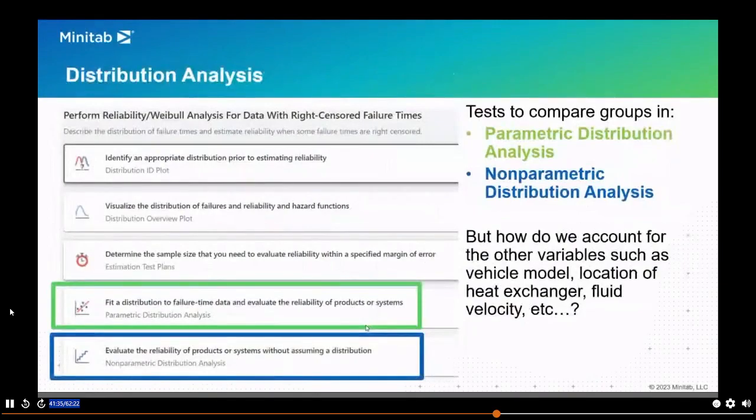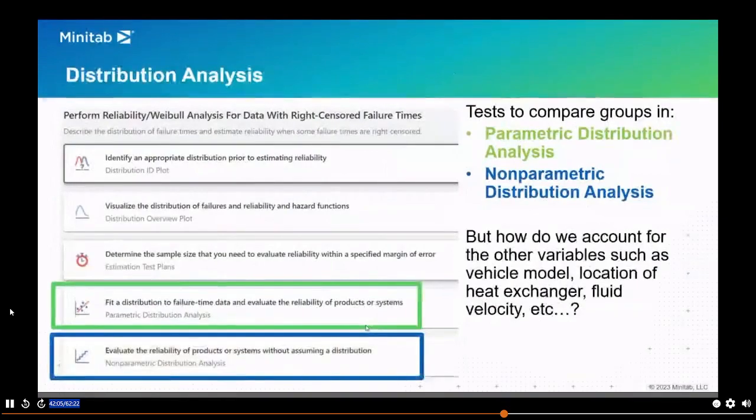If you wanted to do this, going back to that first part of the reliability module where it's just doing the reliability Weibull analysis, we don't have time today, so we won't cover that. But if you wanted to test whether those differences were significant, you can do it using a Weibull distribution under parametric distribution analysis, highlighted in green, or we could use the don't assume a distribution at all option, and that's the box in blue.